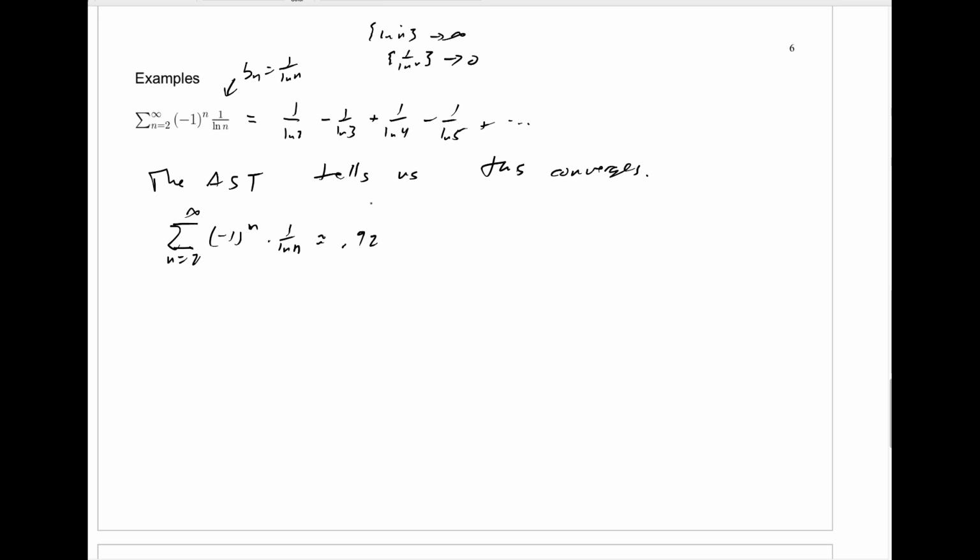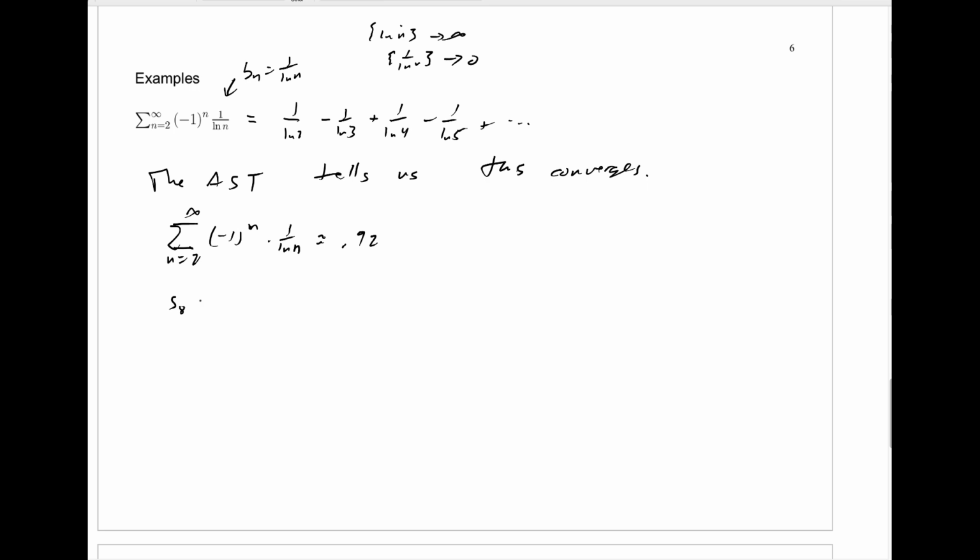If you compute these and go out a very, very, very long way, you get an answer that's approximately 0.92. Here's a question. How close would we be if we took the sum from, say, n equals 2 to 8? In other words, we took s sub 8. It would actually maybe even be s sub 7 because we're starting with 2.